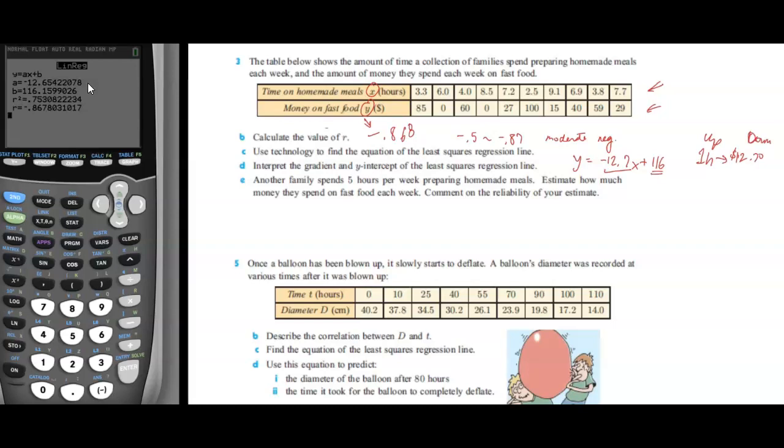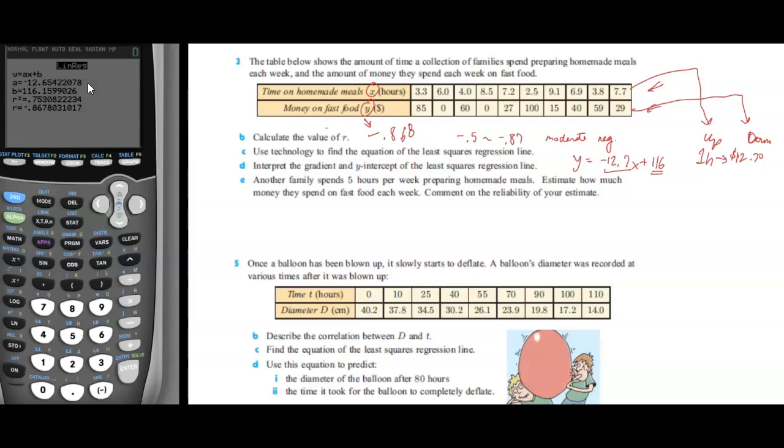Okay, so if the time on homemade meals goes up 1 hour, then the money spent on fast food goes down $12.70. So that's what negative 12.7 slope means.